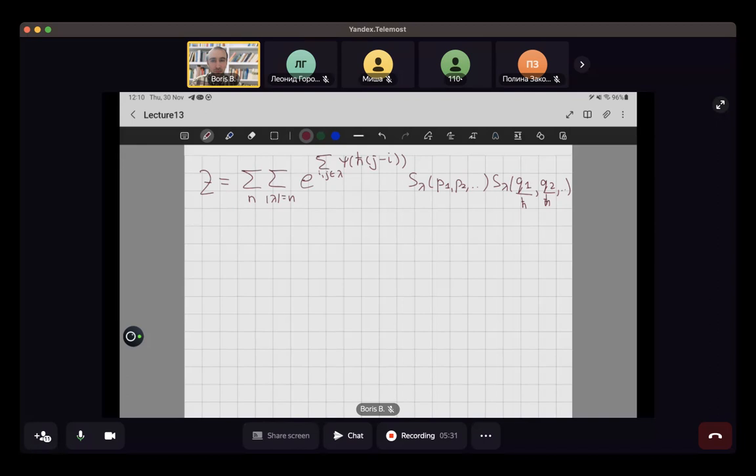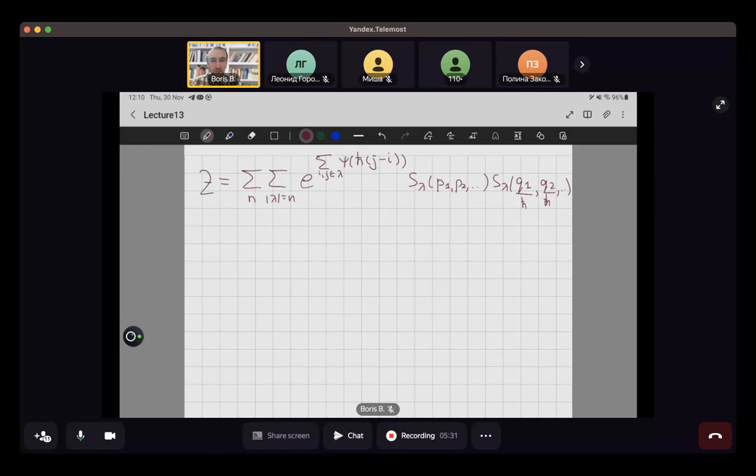It is one in this space F. Also one more notation. This symbol is called the co-vacuum vector, and it means the following.